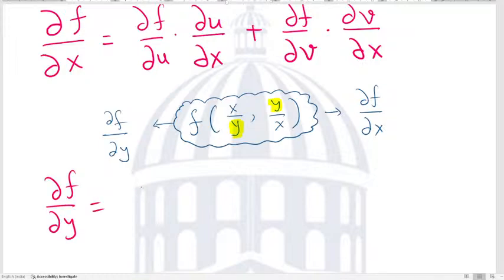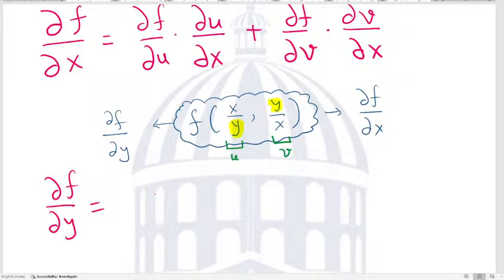We will consider x by y as u, and y by x as v.